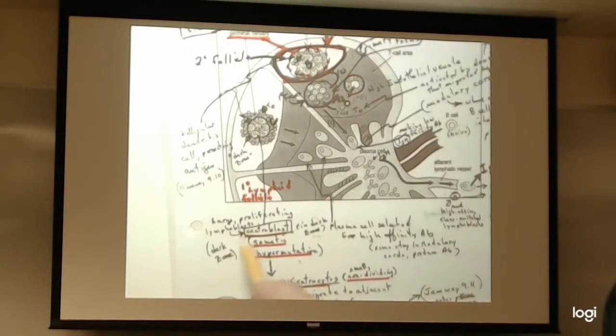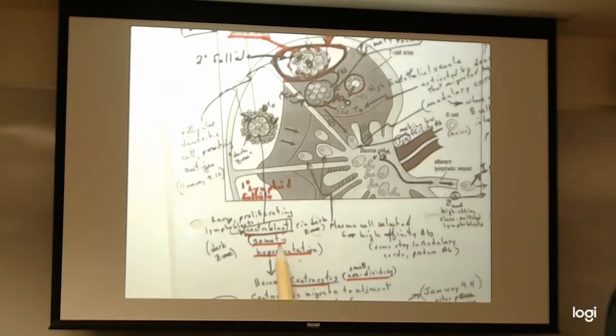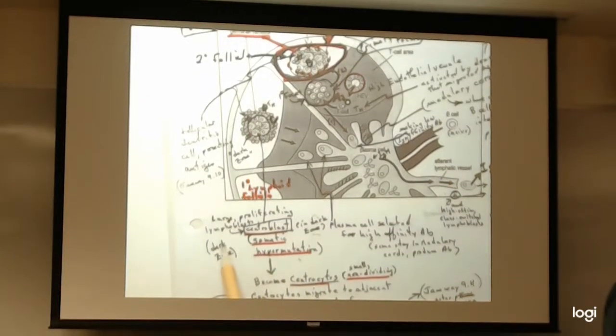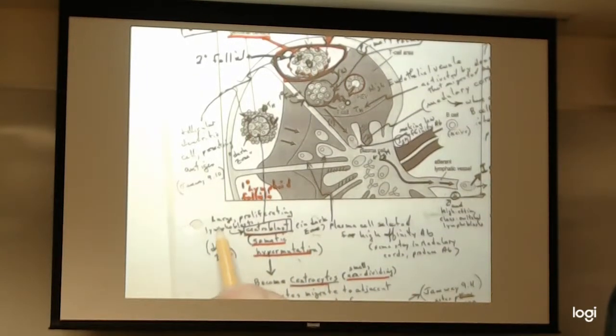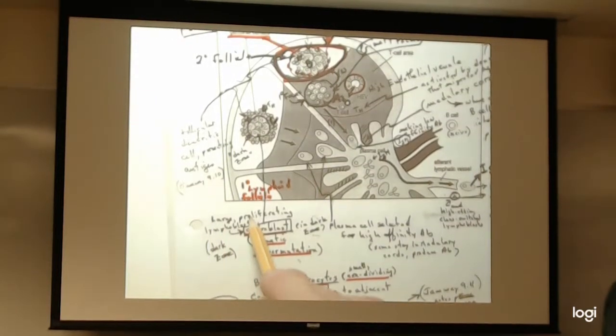Now, there's a little bit of a semantic thing here. Proliferating white blood cells in general are called lymphoblasts as a general category name for them.